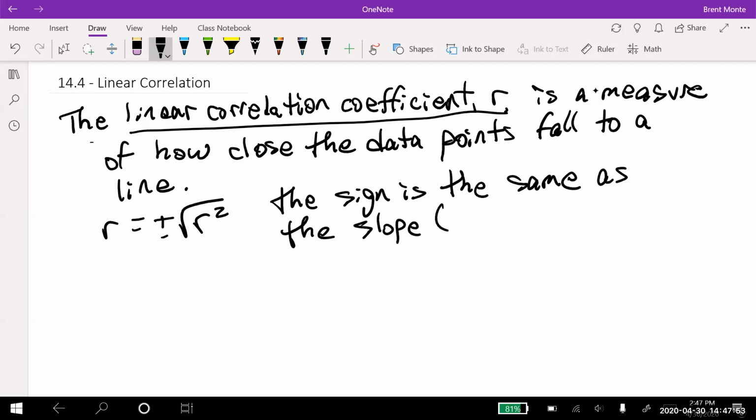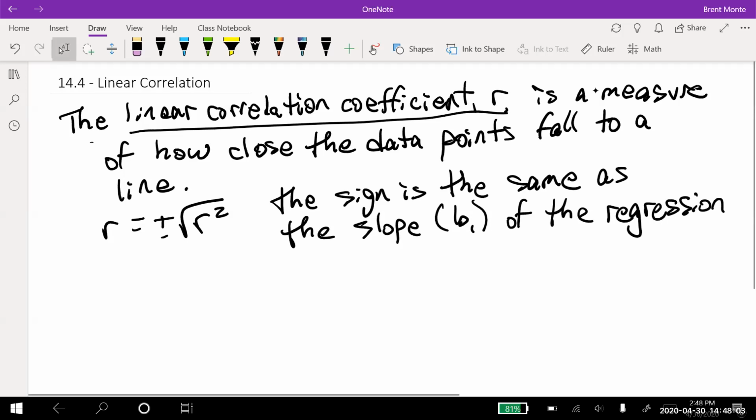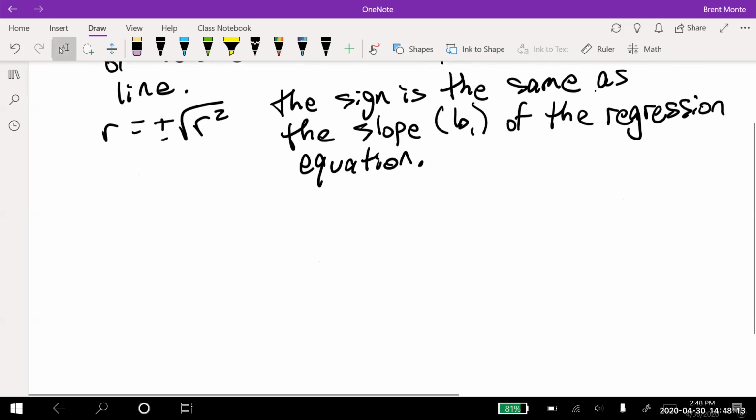Remember, with regression equations, the slope was b sub 1 of the regression line. We'll call it the regression equation. So if you have a negative slope, then you'll have a negative value of R. If you have a positive slope, you'll have a positive value of R. And let's talk about those signs real quickly.